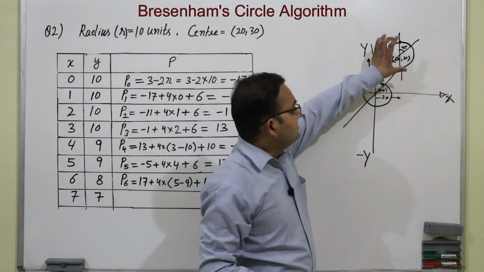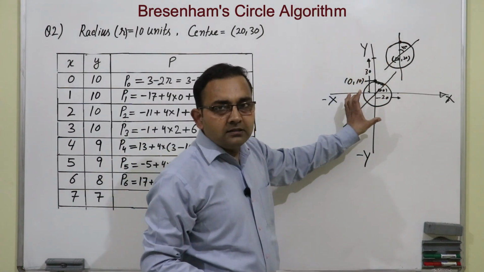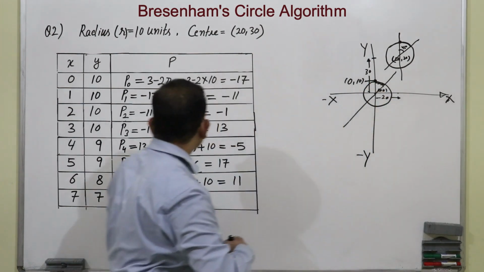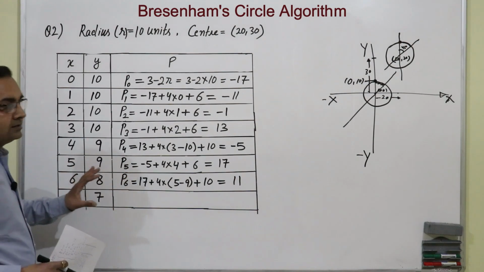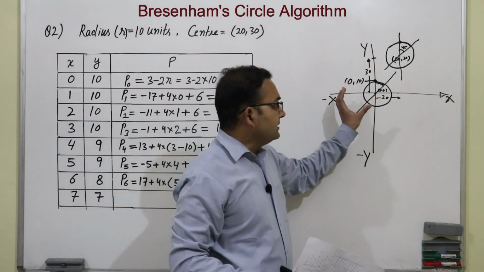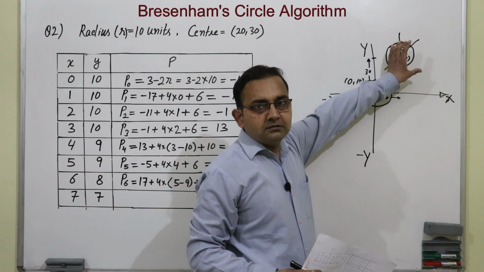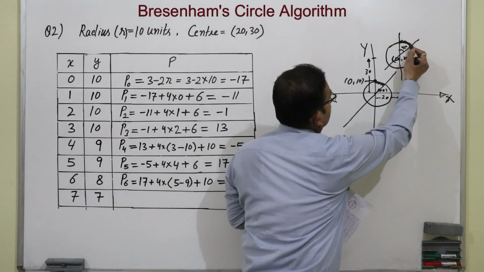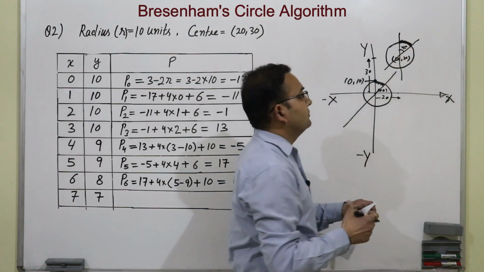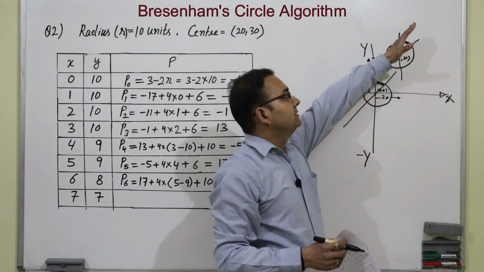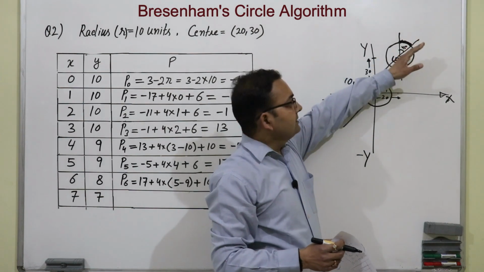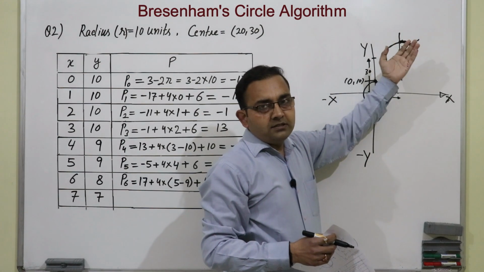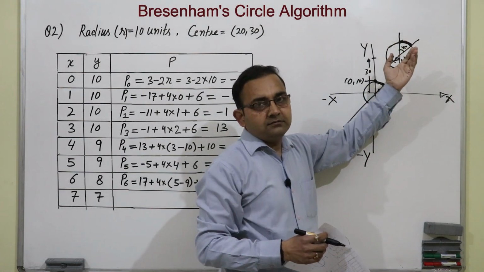First, we bring it to the origin. After finding the coordinates of this section, which we have done already here, we will translate it back to the original position. Then, after knowing the coordinates of this section, we can find out the coordinates of the remaining circle by symmetry or by reflection.